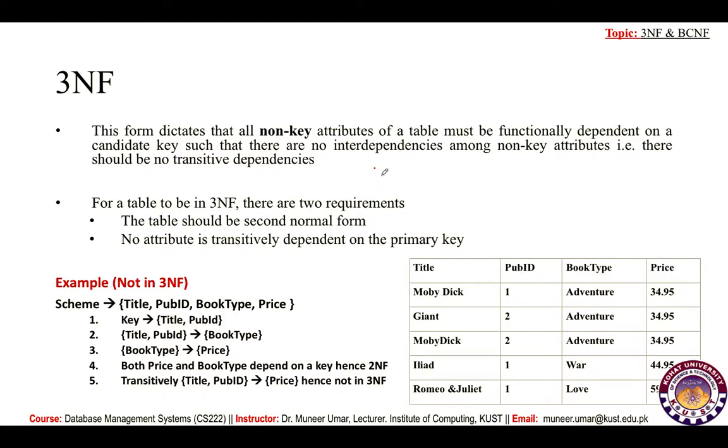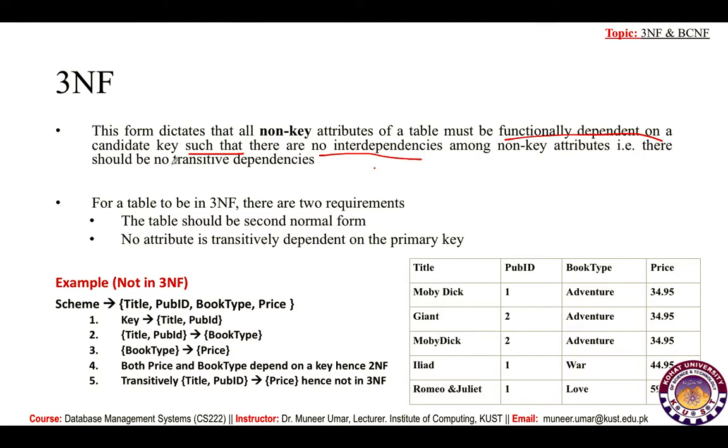3NF is the form which dictates that all non-key attributes of a table must be functionally dependent on a candidate key, such that there should be no interdependencies. By no interdependencies, we mean that there would be no transitive dependency among non-key attributes.